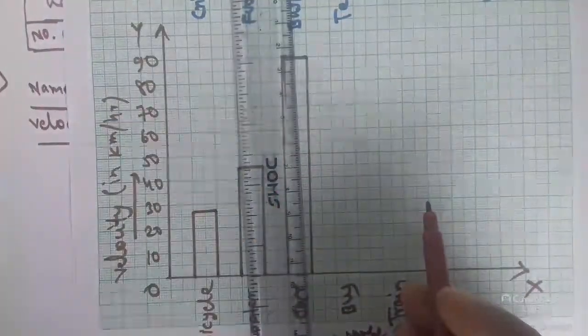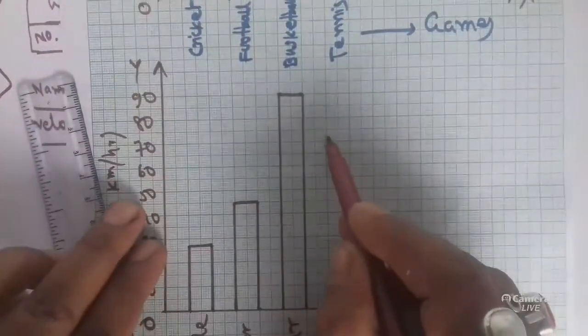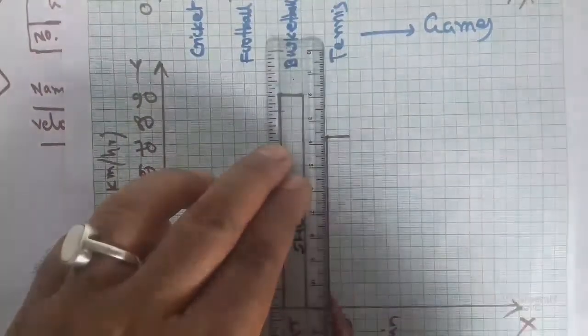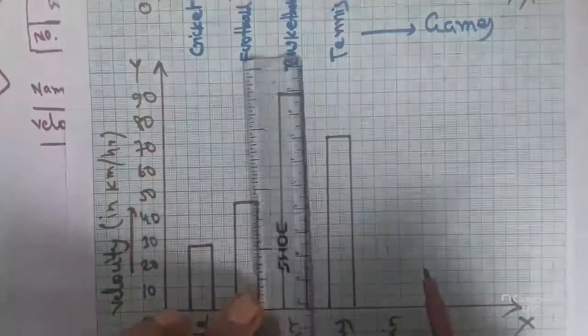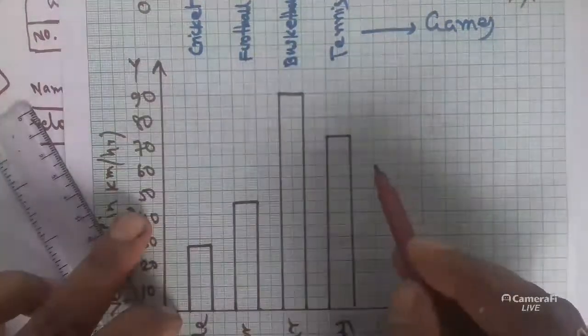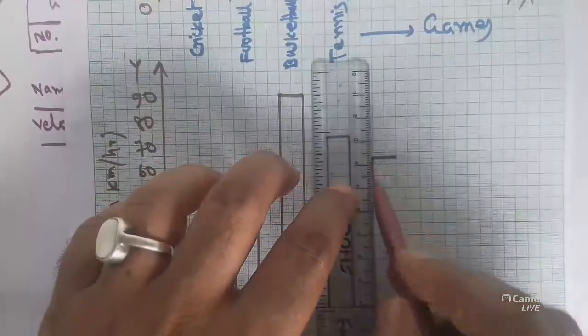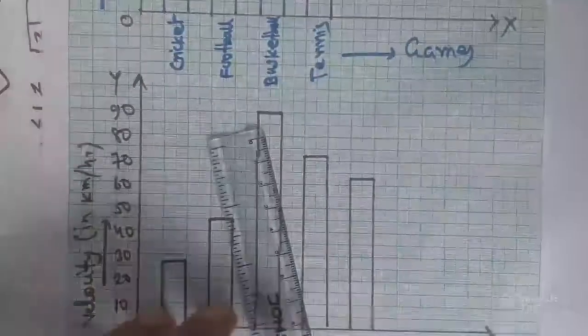Next is bus. Bus is 72. So here it is 70, 72. Then train is 63. This one is 63. So our bar graph is complete.